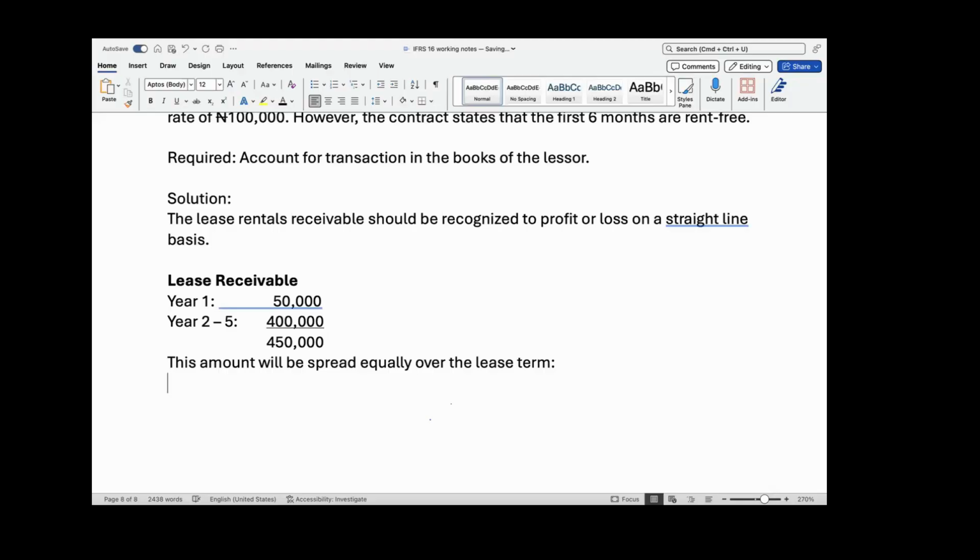So the lease rental recognized to profit or loss is 450,000 divided by the lease term, which is 5, and that will be 90,000 per annum.